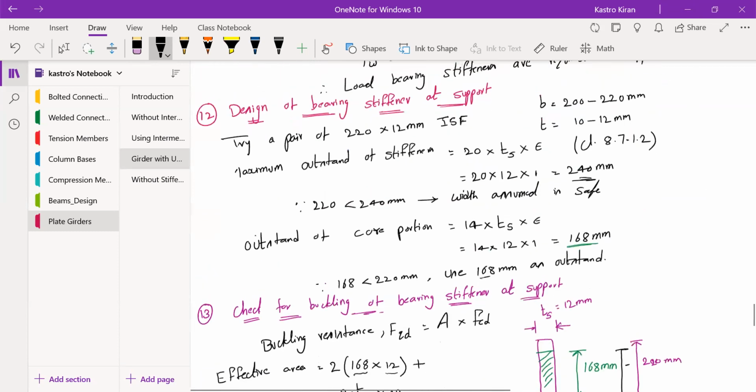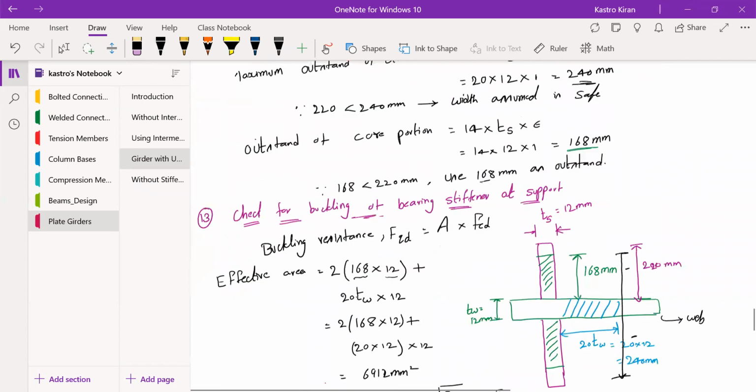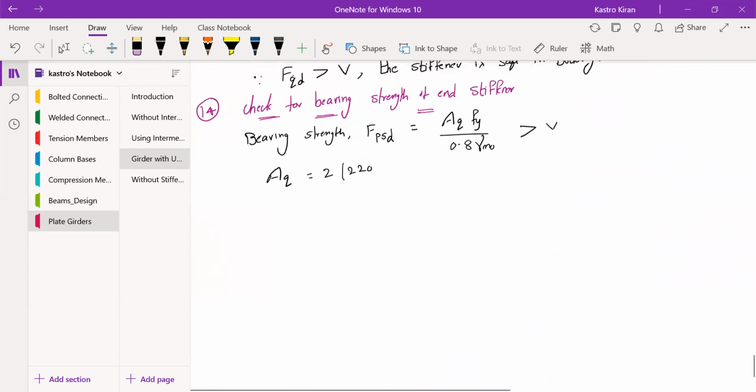We have solved it here, this one, 220. From this you are going to take the value. So 220 minus 15. What is this 15? 15 is the coping length, which we discussed in the second model problem, when designing the plate girder using intermediate stiffeners.